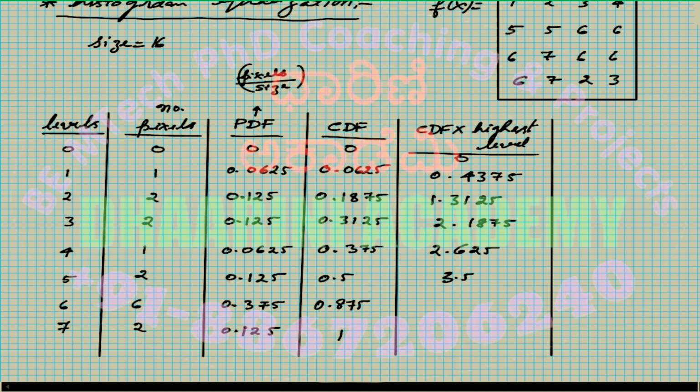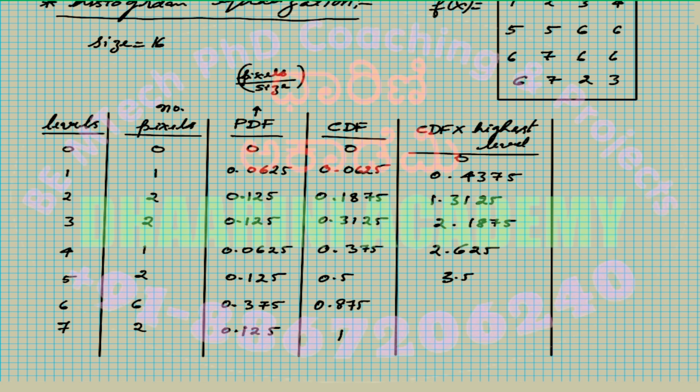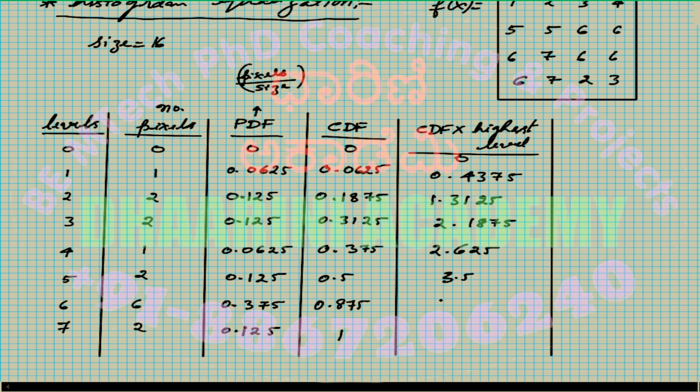Okay, the next number is 0.875 into 7. So this is 6.125. Okay, and 1 into 7 will be 7.